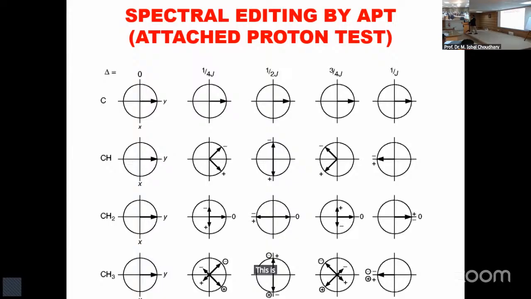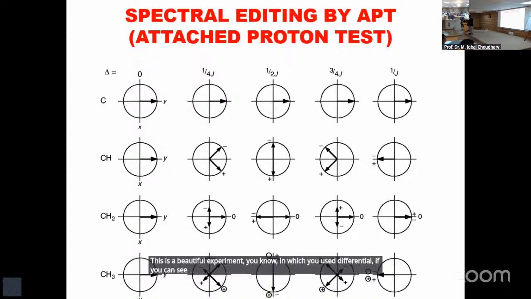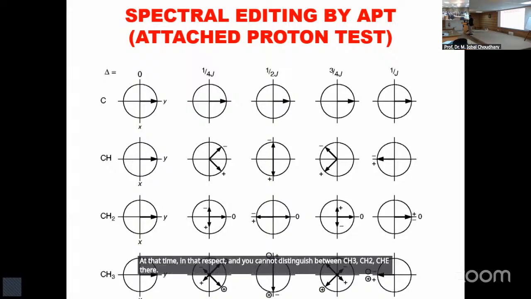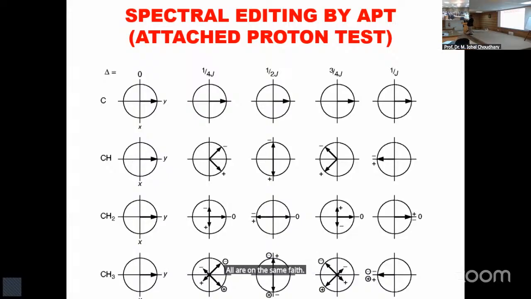This is a beautiful experiment, in which you use differential Larmor frequencies of CH3 and CH2, and you turn on the detector at a time where they are in different phases. As a result, you can distinguish them, whereas in the normal spectrum you cannot distinguish between CH3, CH2, CH, and all are in the same phase. Now you can see CH3 and CH down, and CH2 and quaternary carbon up, right? So you solve partly that problem.